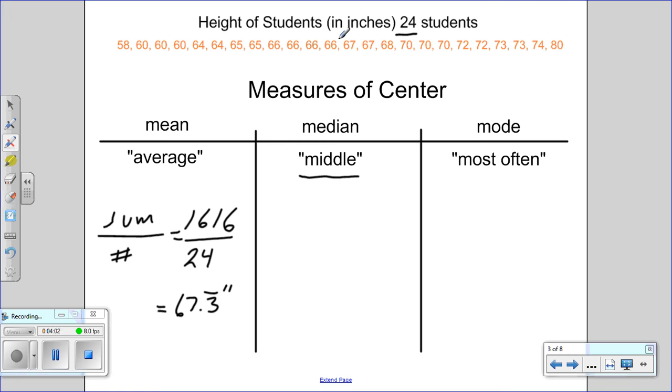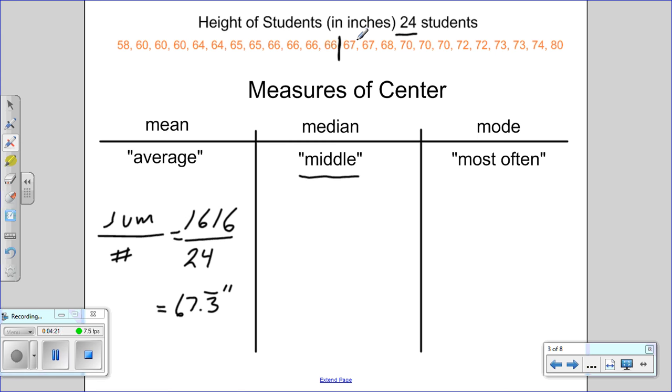So there's 12 right there. And then over here, 1, 2, 3, 4, 5, 6, 7, 8, 9, 10, 11, 12. Obviously, if you had an odd number of students, you would have a single person standing in the middle. Here we have 12 to one side and 12 to the other.